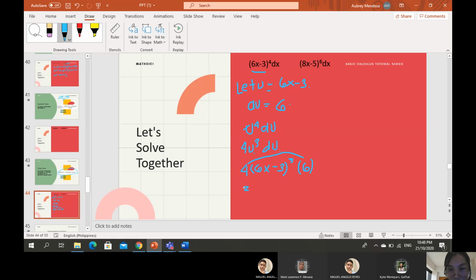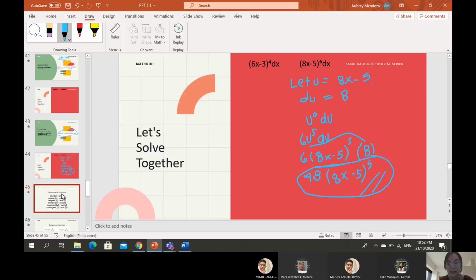No, 6 times 4 is 24. So 6 times 4 is 24, and then let's just copy this. Minus 3 cube. So this is the final answer. 24 times 6x minus 3 cube.